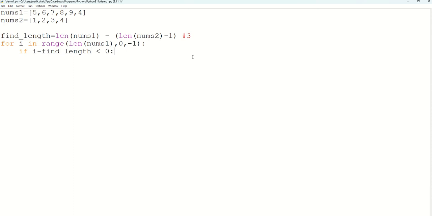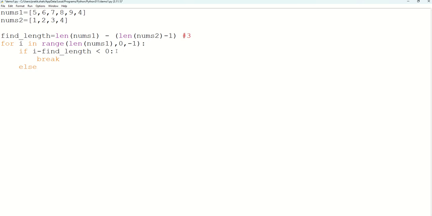Why are we writing this? Because we want to do addition based on only 4 numbers, and that also from the right hand side. Since the lengths are different, we have to write this condition so that it works only that many times. If the condition is true, then obviously break and come out of the loop.